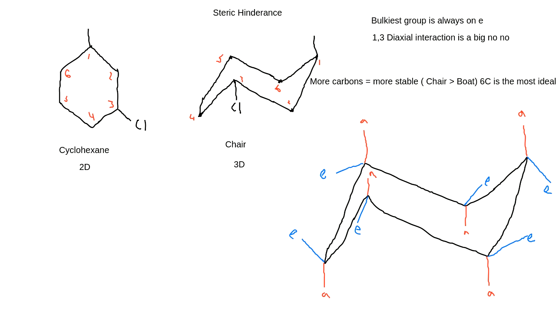You could see 5 carbons, you could see 4 carbons. 6 and 5 are the most common ones, 6 being the even more common one, but if you see a 5 carbon, that's going to be your boat. This is 5 carbons. This is 6 carbons. Okay.